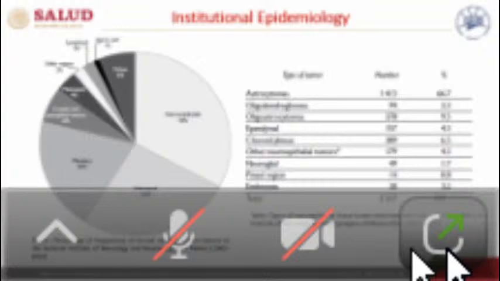Or eloquent areas that increase the risk of complication, or the patient becomes not a candidate for the surgery. Also, the infiltrative injury can be diffuse or poorly delimited.